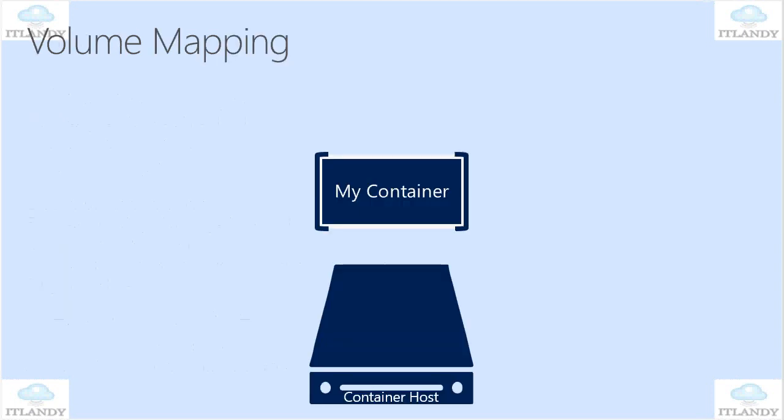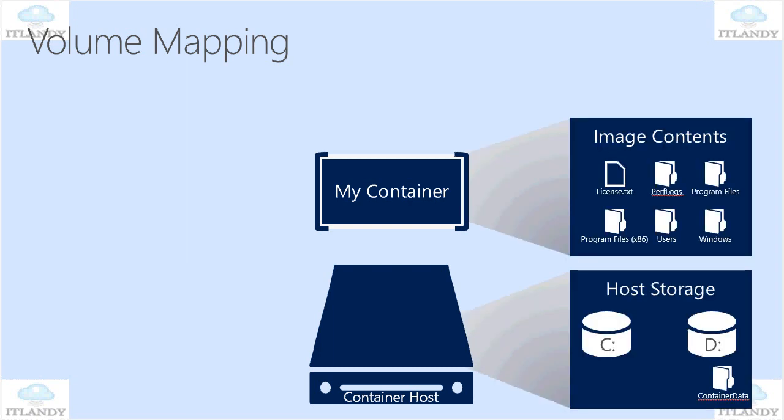Now, volume mapping. How do we map the volume inside? We have a container host and we have my container, and my container will have image content like license, perflog, program files, program users or Windows, and the host will have the content data.